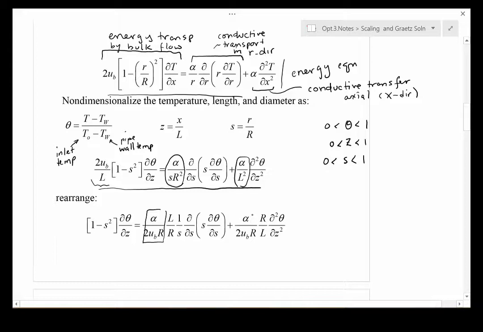It shows up when we rearrange the term associated with the axial term in terms of this parameter.